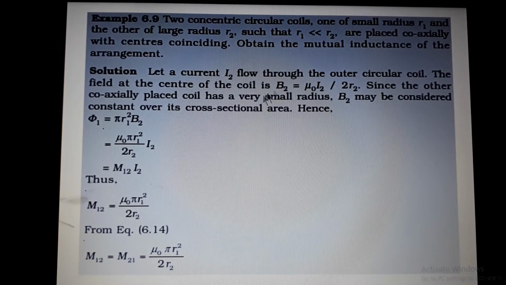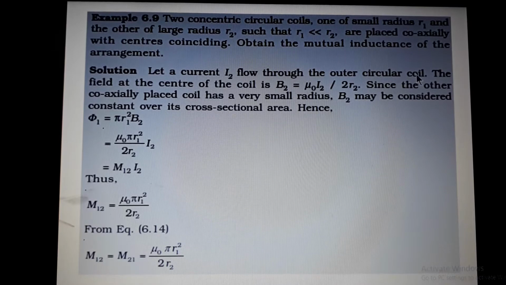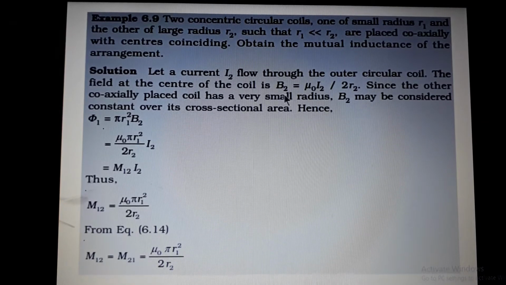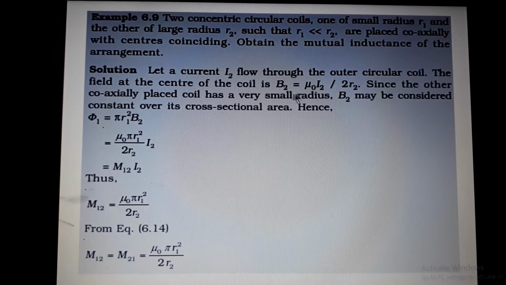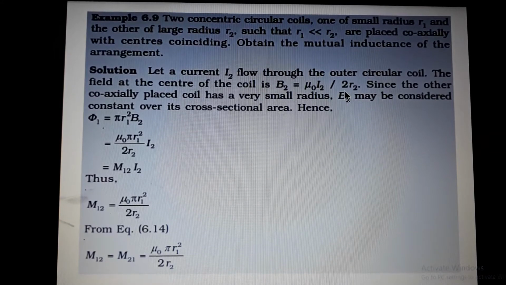You know that, let a current I2 flow through the outer circular coil. So magnetic field B is equal to mu0 I2 upon 2 R2. Okay.